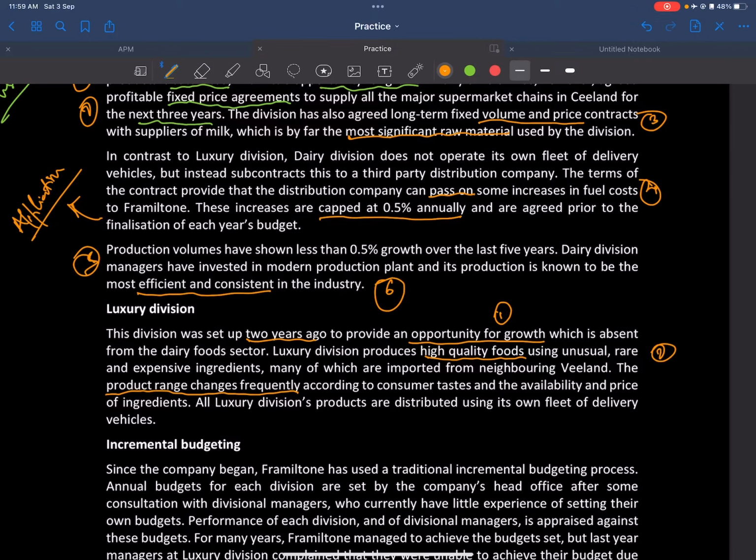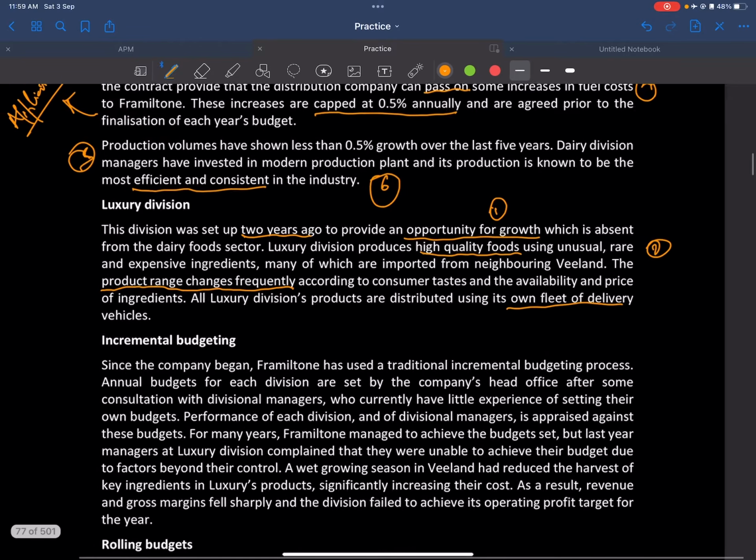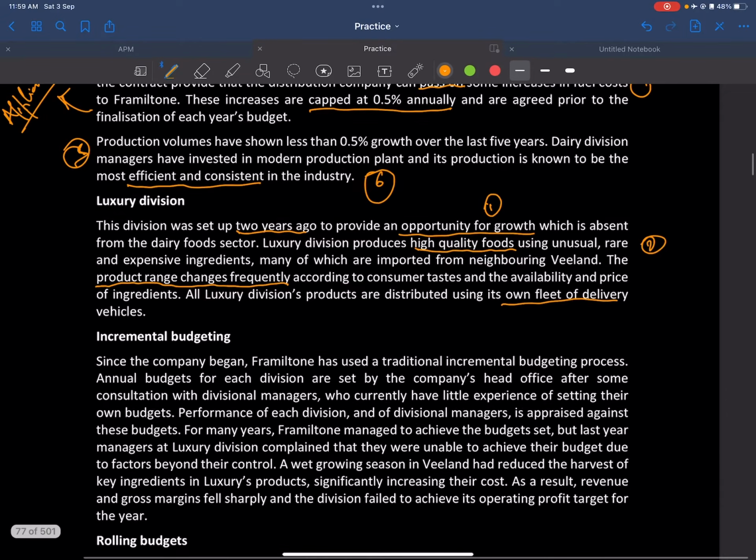And it has its own delivery, right? So that is also a variable, because as your activity changes or as you start selling more, it is generally correlated, right? So basically higher sales will lead to an increase in delivery vehicles. Basically that would be the assumption. So it's very variable, very variable, right?